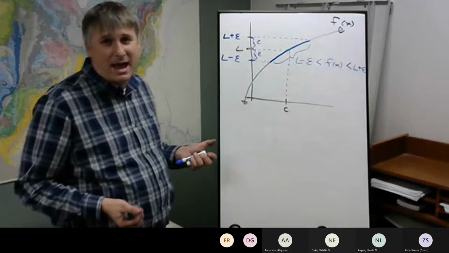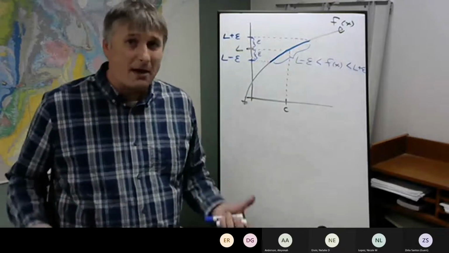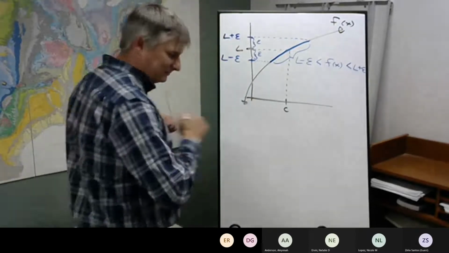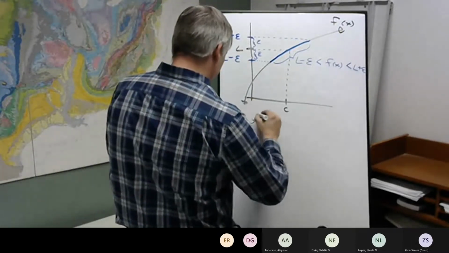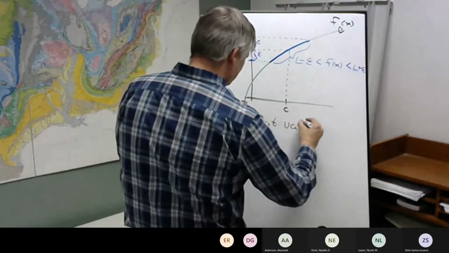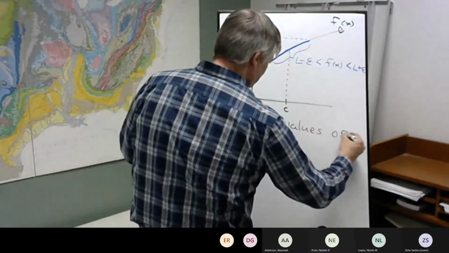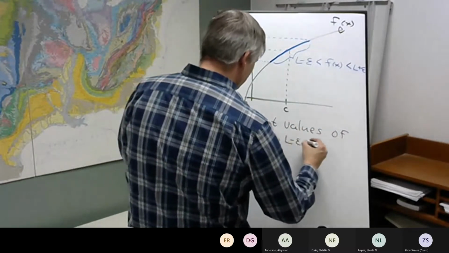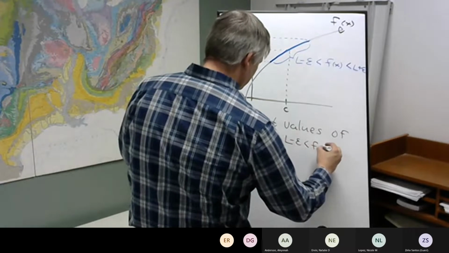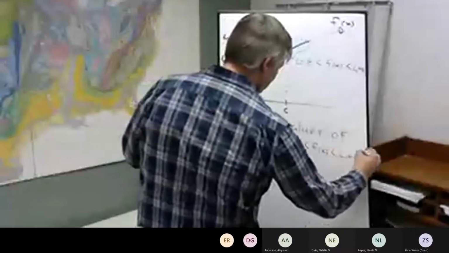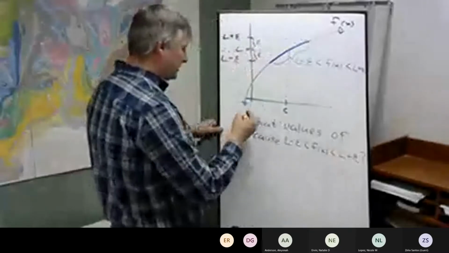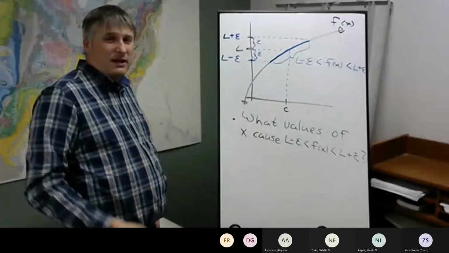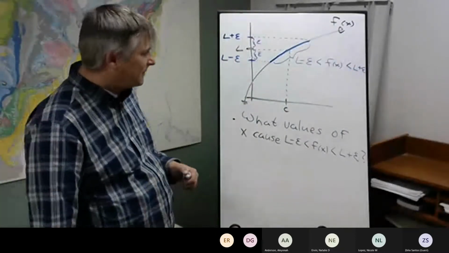Now, the next question we're going to ask is, okay, great, you can get f of x close to L, but for what x values does this happen? So this is sort of the burning question. To figure that out, I'm going to make some alterations here.